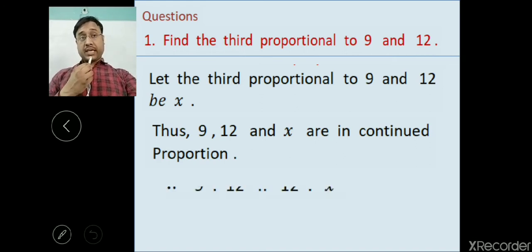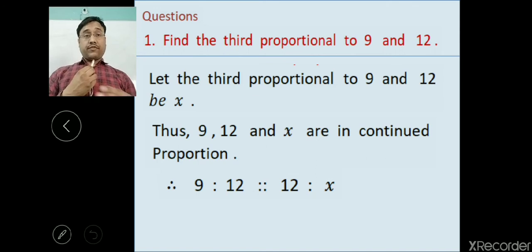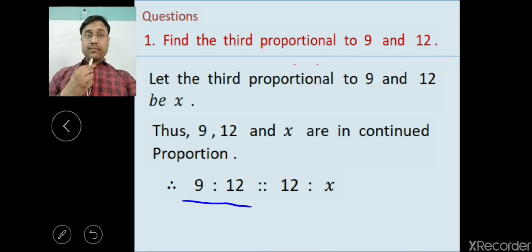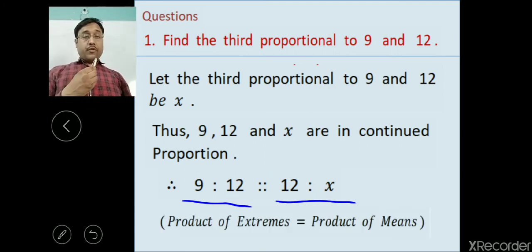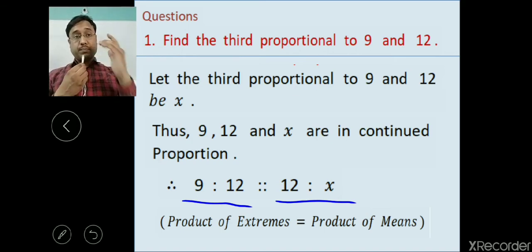Then we can say that the ratio of the first and second number is equal to the ratio of the second and third. Here the second repeats two times. So 9 is to 12 is proportional to 12 is to x. This is the symbol of proportionality. Now we know that product of extremes is equal to product of means.